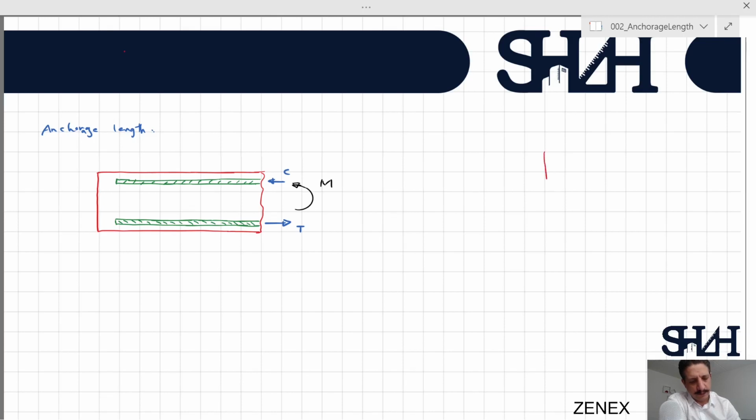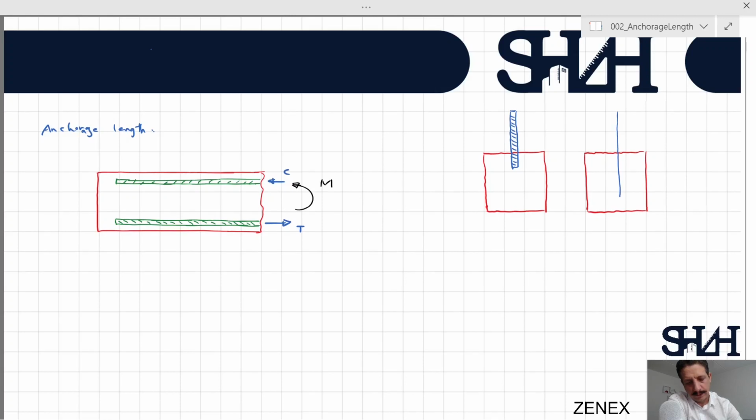assume we have a concrete block in two conditions. In the first one, assume that you have a reinforcement inside the concrete with, let's say, 50 millimeter only.